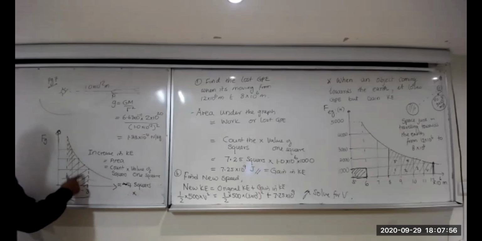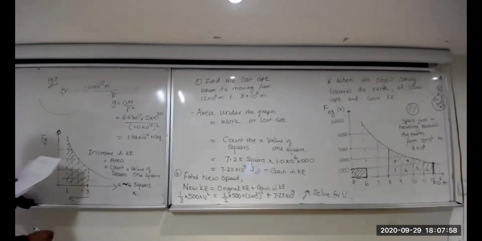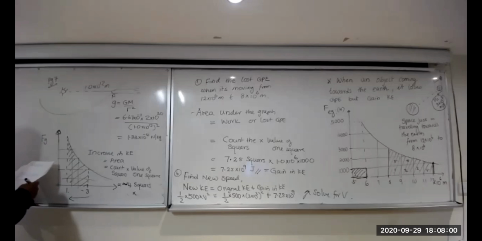Times by, you need to count how many squares, then the value of 1 square. So the value of 1 square is 2 times 10 to the power 20.